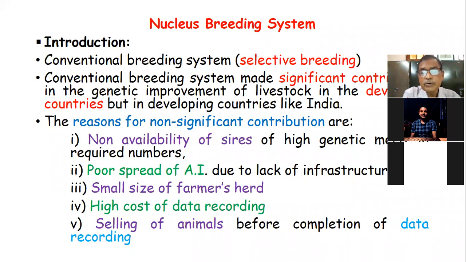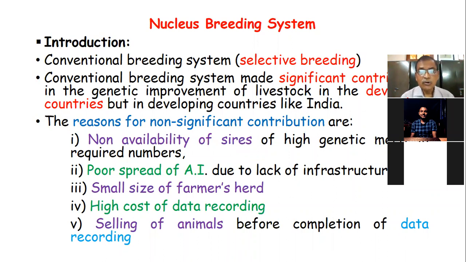If untrained manpower is there, he will not be able to achieve success, because he does not know where the semen is to be deposited. He does not know how to judge the quality of the semen at the time of insemination, or how to thaw the straw when it is taken from the fridge or from the liquid nitrogen.